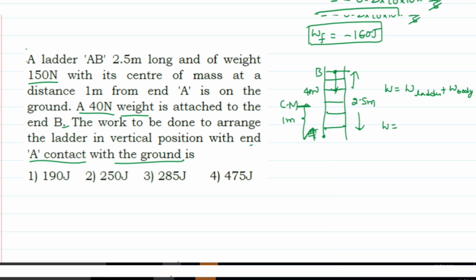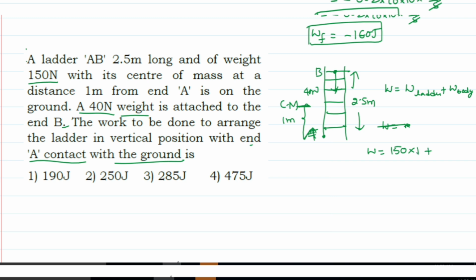Work done equals force into displacement. Force is nothing but the weight of the ladder, which is given as 150 newtons. So W equals 150 newtons into the height of the center of mass, plus work done on the body.